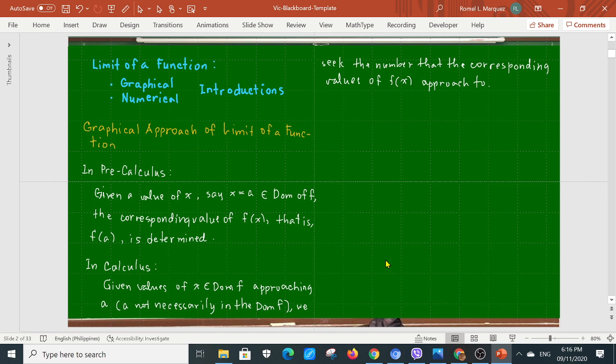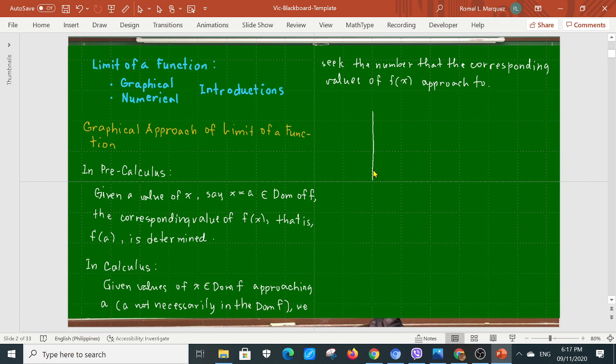As these values that are in the vicinity, either to the left or to the right of x equals a, tend to approach the value of x equals a, again a, not necessarily that the function is defined there, but the values get closer and closer. So what is happening to the values of f of x? Where do the corresponding values of f of x approach to? So that's our concern. To illustrate these things graphically, we have this.